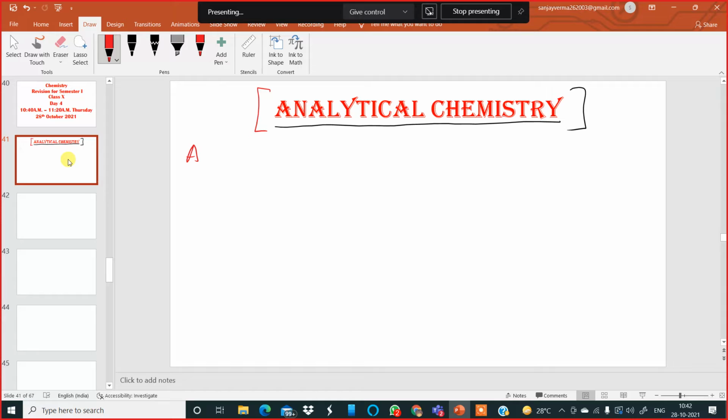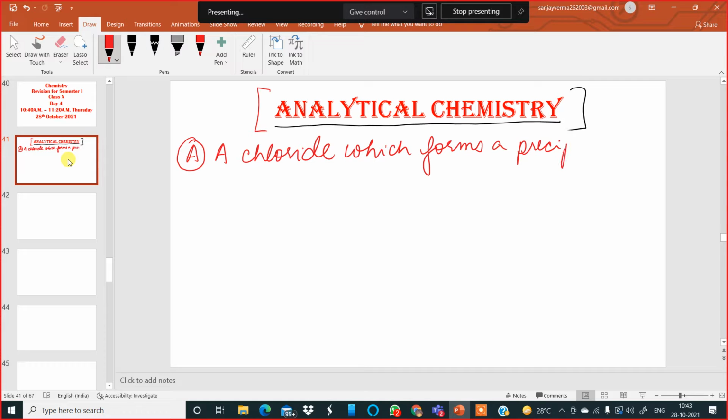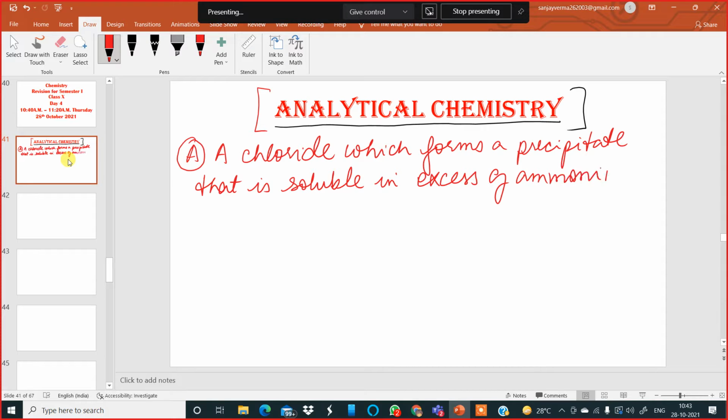Number A. A chloride which forms a precipitate that is soluble in excess of ammonium hydroxide.